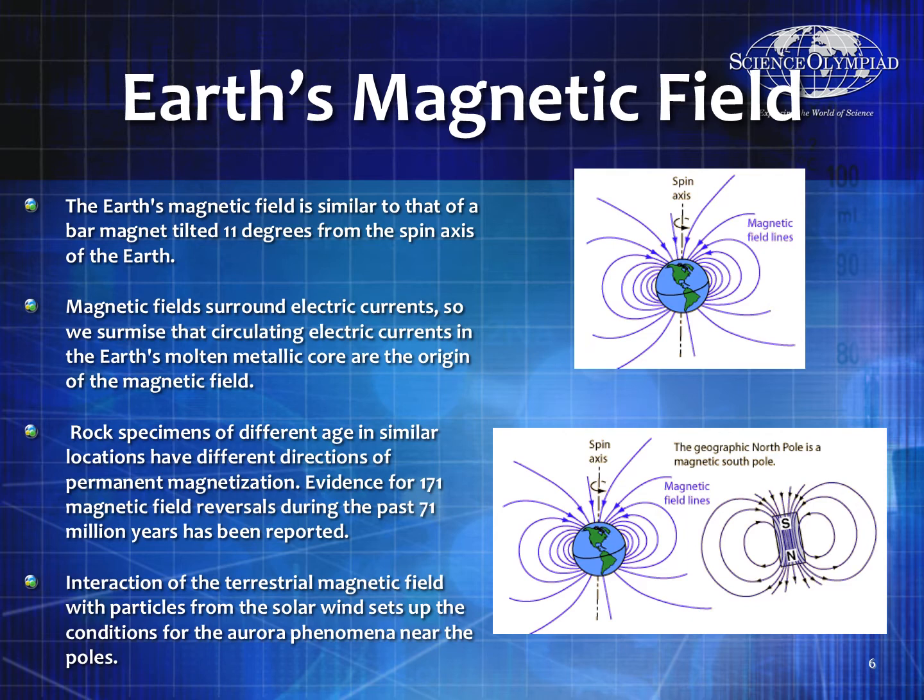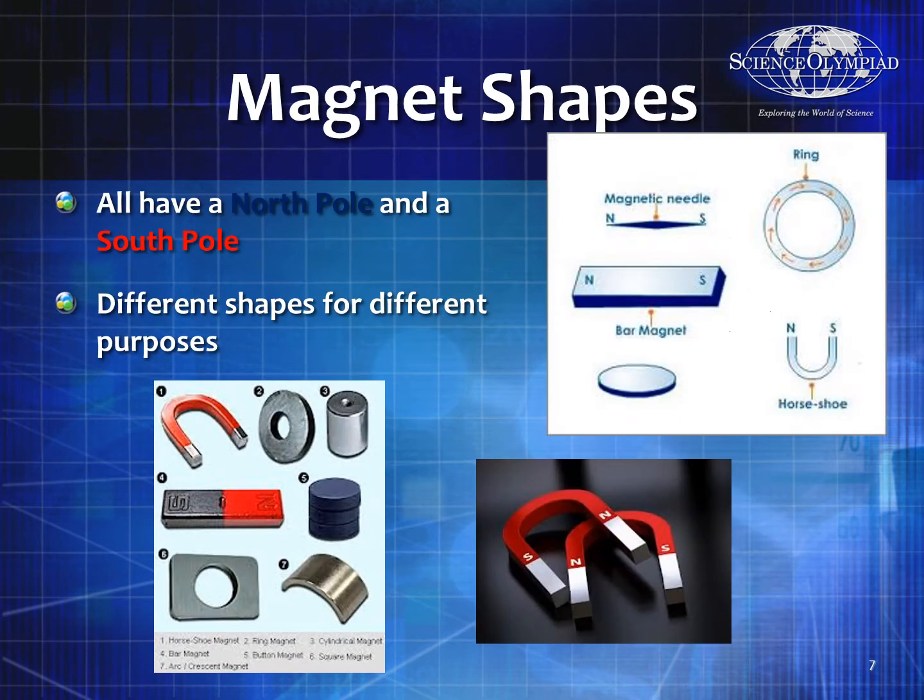Also keep in mind that the geographic North Pole is really near the magnetic South Pole. That's why the north pole of your compass points north. There are different types of shapes, and you'll need to draw the magnetic field lines for each of these different types of shapes.